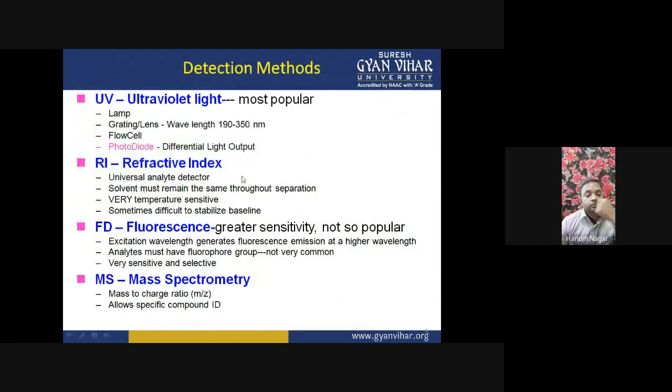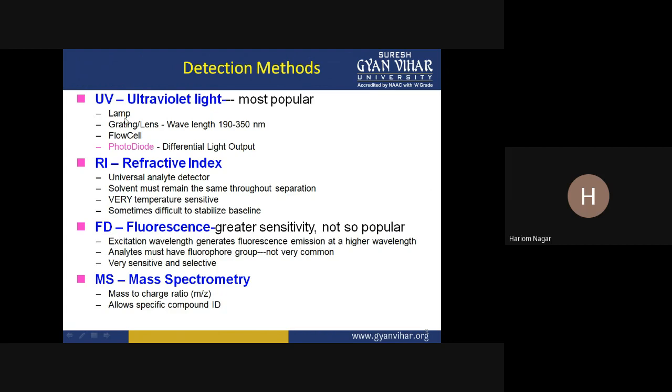Now the detection methods in the HPLC: which type of detectors are actually used? So the detectors used in HPLC are actually UV visible, and this is the most popular detector.